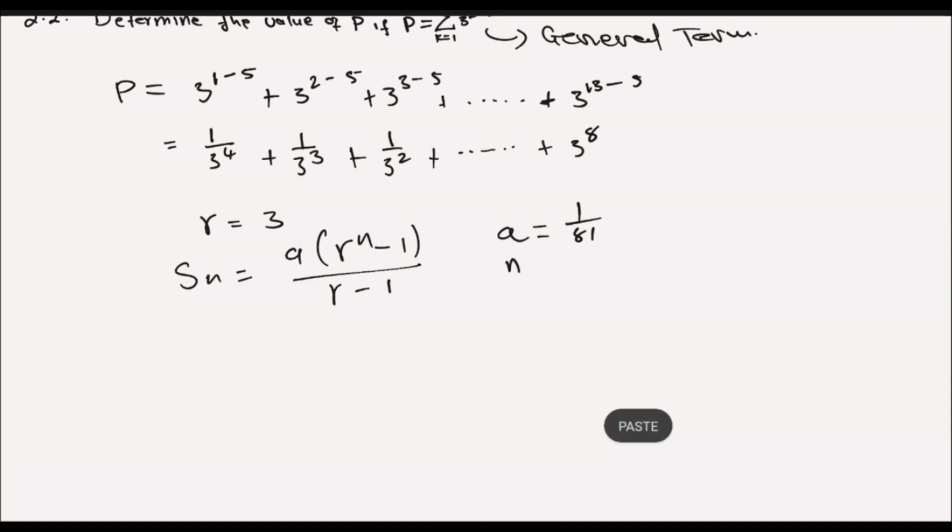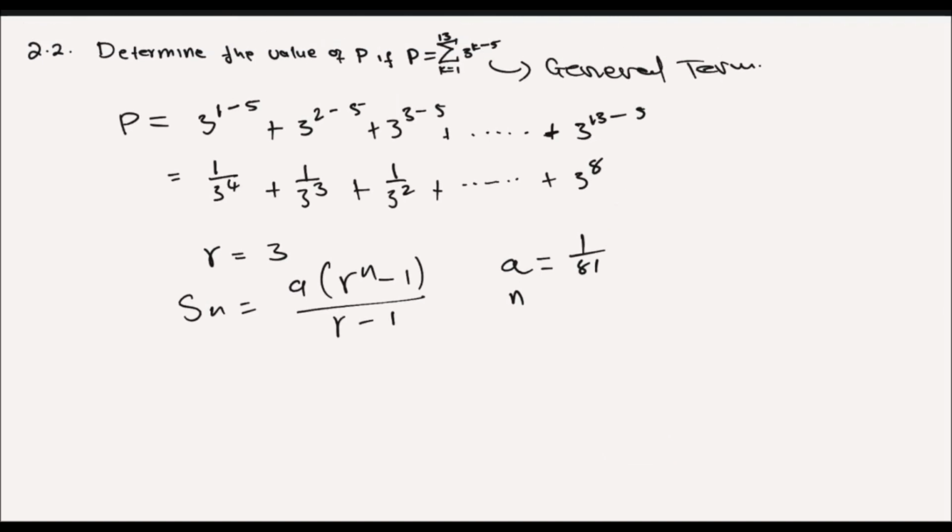So how do we find the value of n? n in this case is not the last term to be substituted, but n is the position or the number of terms in this sequence. Right, so how do we find that? Remember on our last video we said n is found by calculating it in this way.